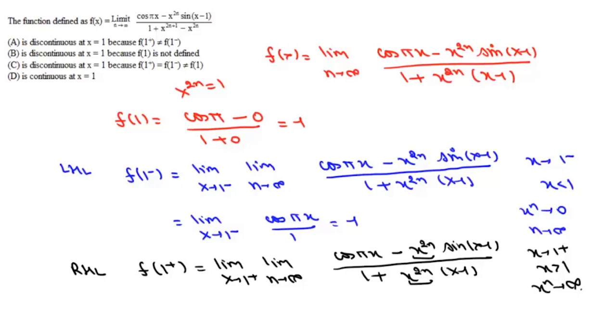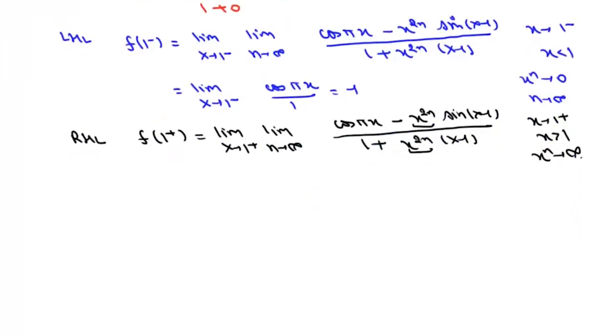So, if we put this limit, we'll get limit x tends to 1 positive. Now cos πx upon x to the power 2n is 0. So here we'll get minus sin(x − 1), and here also 1 upon x to the power 2n is 0, so we'll get (x − 1).